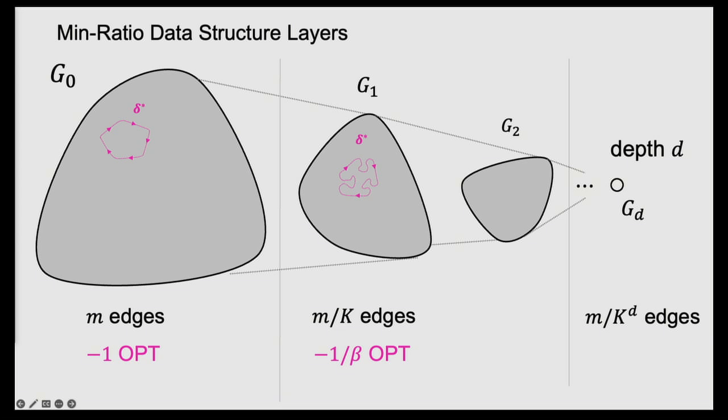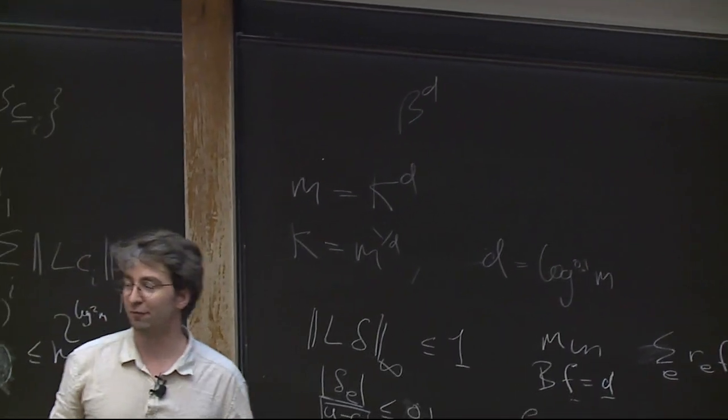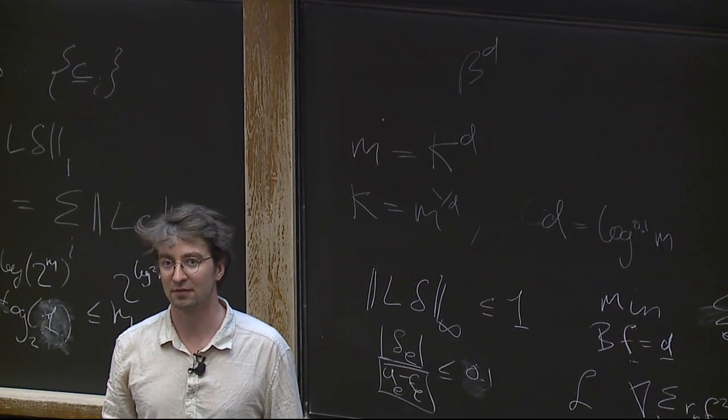I'm just thinking about how much I messed up the min ratio instance by mapping it into a smaller graph. I lost some factor beta, and basically I'm going to lose a factor beta at every level in a multiplicative sense. So at the bottom, I've messed up my min ratio cycle by a factor beta to the d.